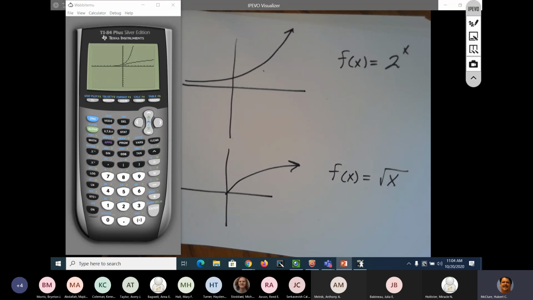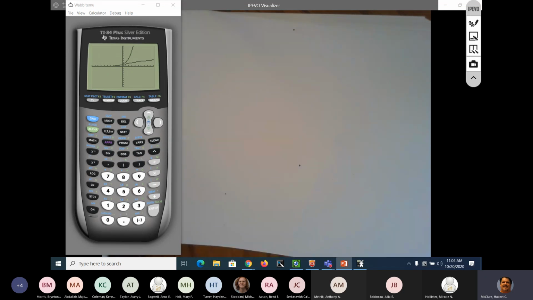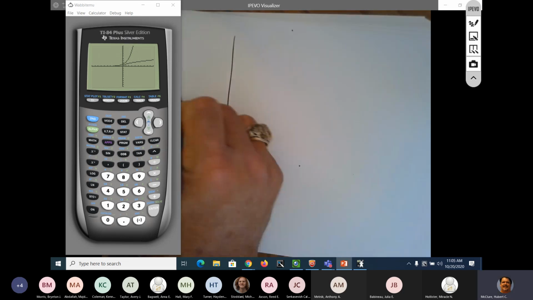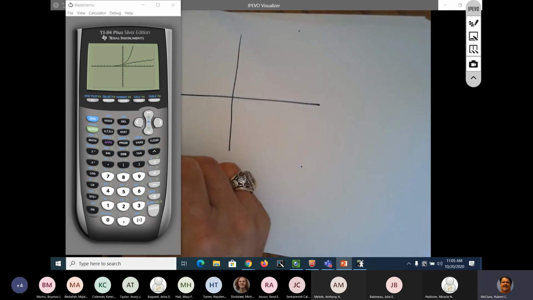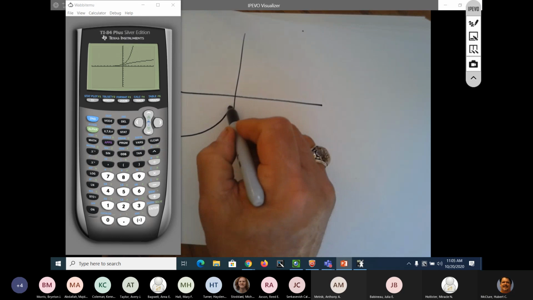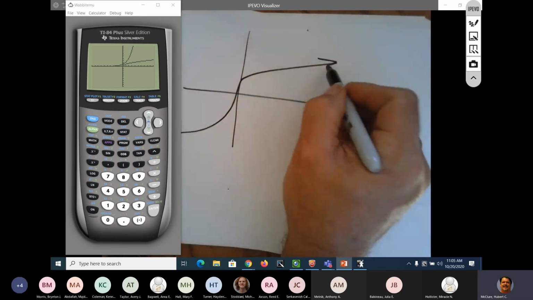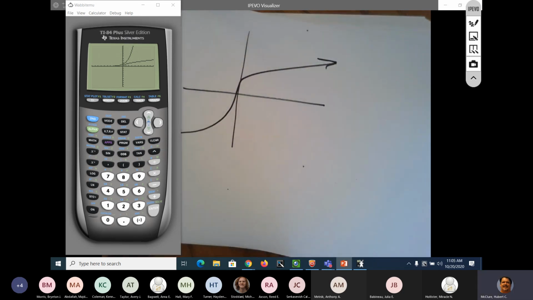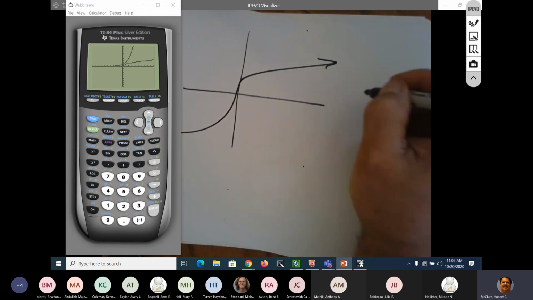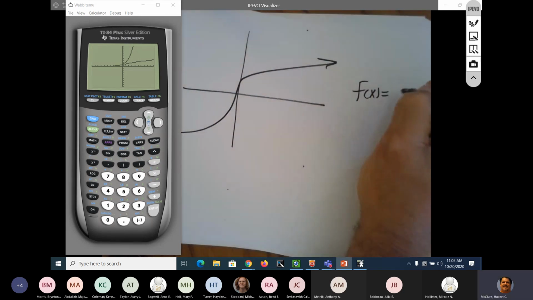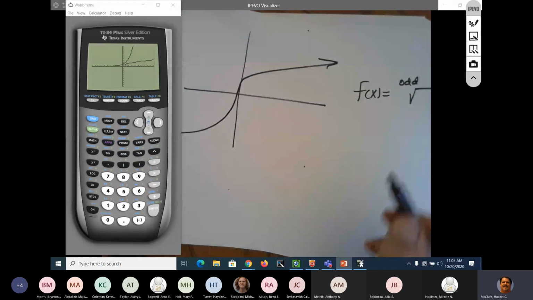What does a cube root look like, Hubert? Well, go ahead and write it down. A cube root, add this to your family of graphs. Your cube root is going to look like that. And that would be f of x is equal to an odd root of x.